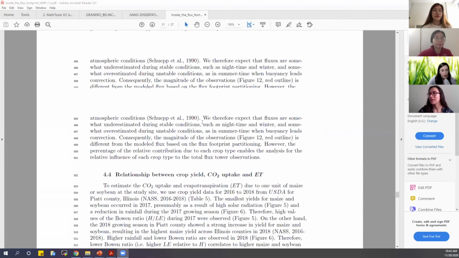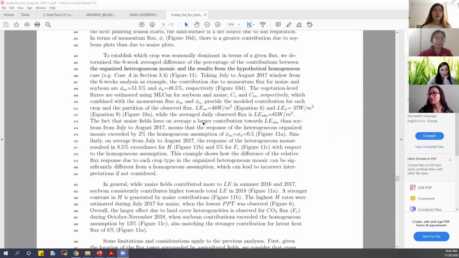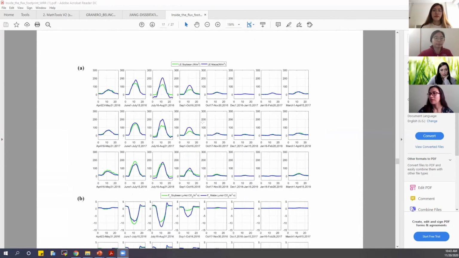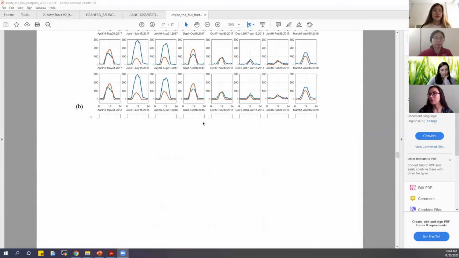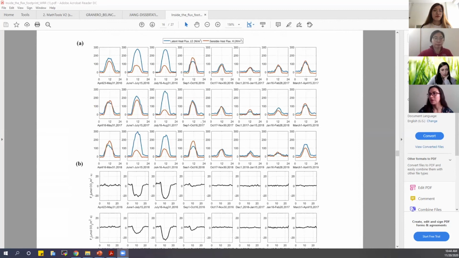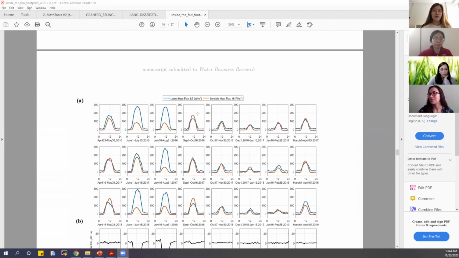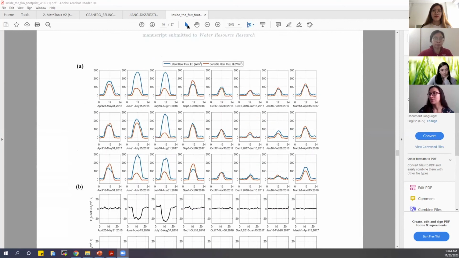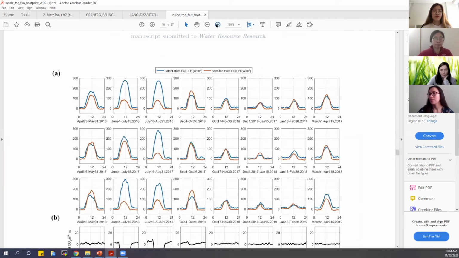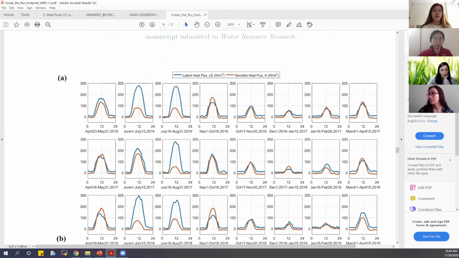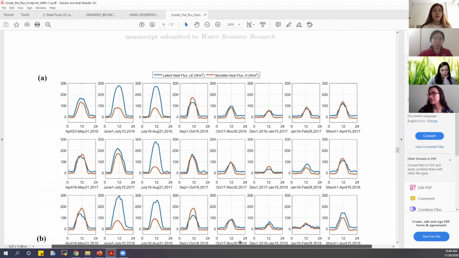So this is the behavior. Here what you're seeing is the latent heat flux and the sensible heat flux in windows of 6 weeks. Usually the crops are planted between April and May.